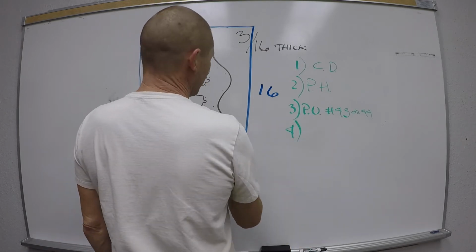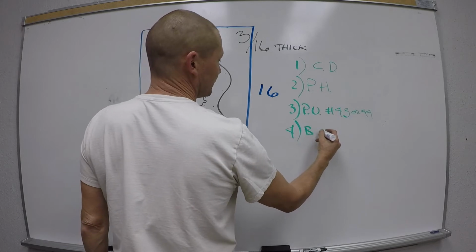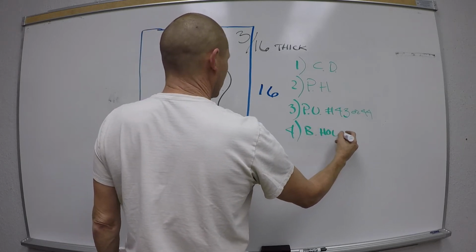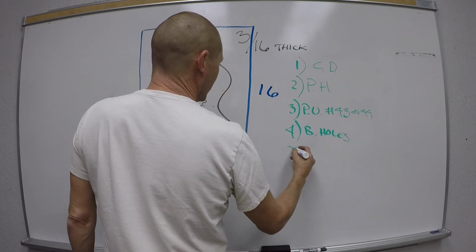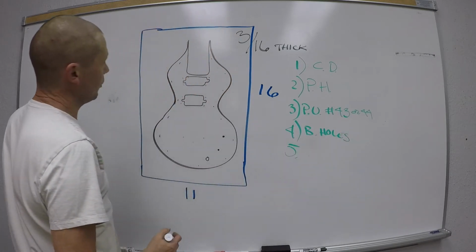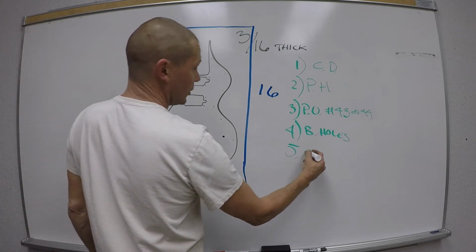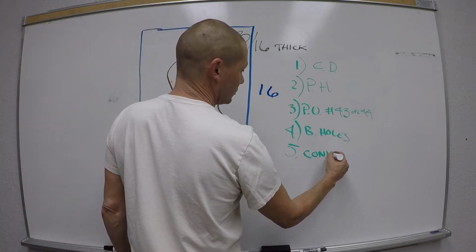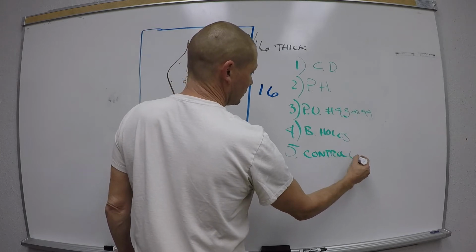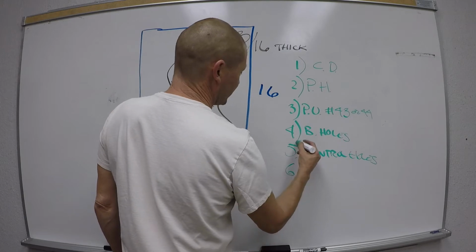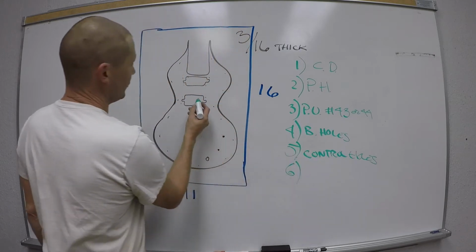Then we're going to do the bridge holes, okay? Then we're going to do these holes here, so the control holes. And then number 6, we're going to do these pockets.